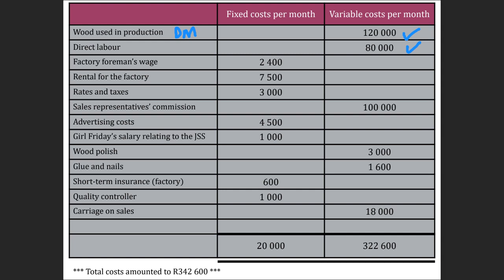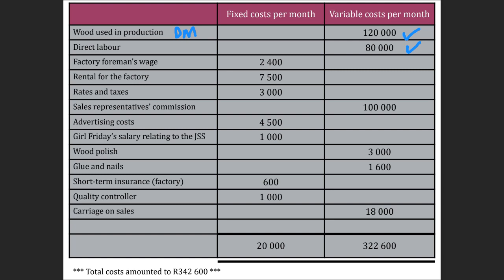Then we're looking at the next item, which is the factory foreman's wage. Here, a foreman in the factory, his wages would remain the same regardless of how many units are being produced, because he is not a direct labor worker.